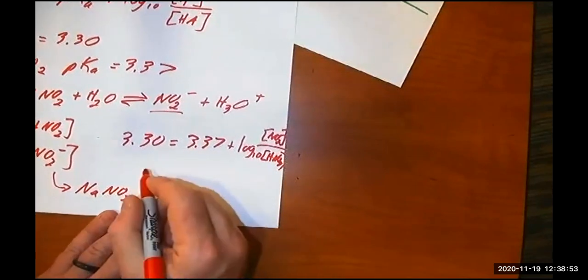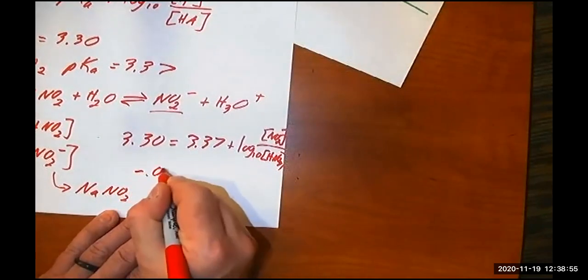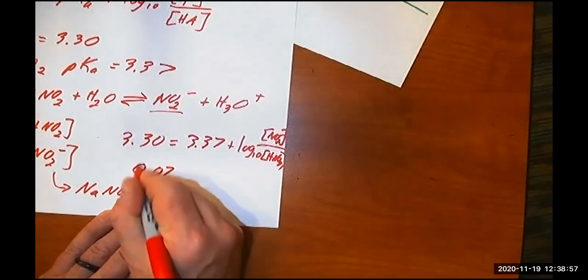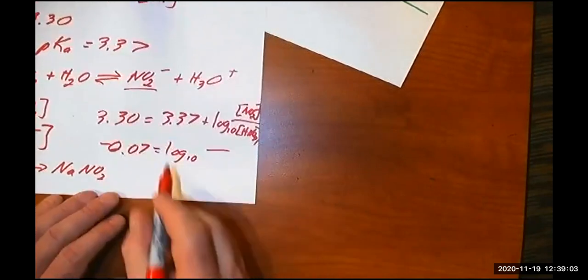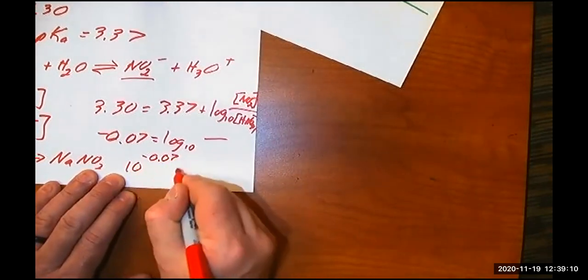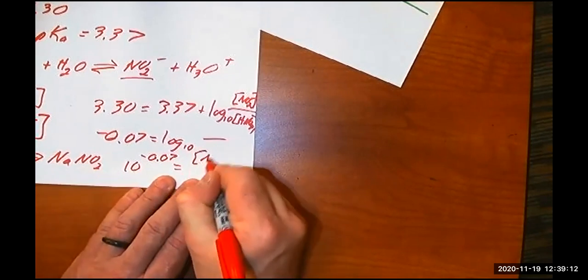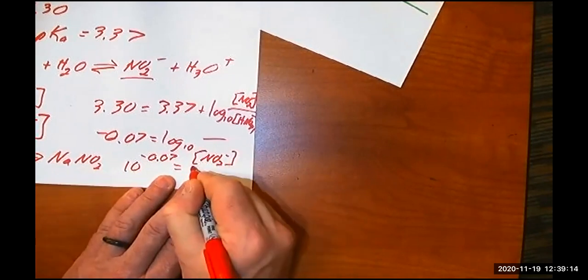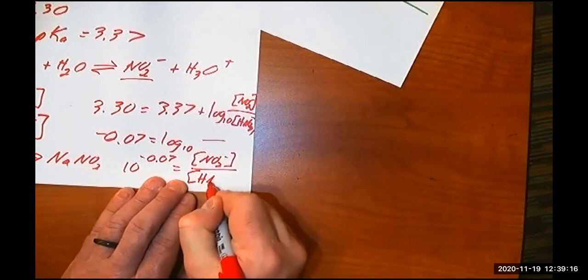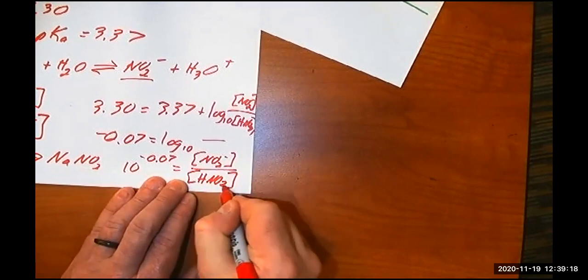So we have minus 0.07 equals log base 10 of this ratio. If we raise both sides to the power of 10, we have 10 to the negative 0.07 equals our ratio of NO2 minus to HNO2. See what 10 to the minus 0.07 is.